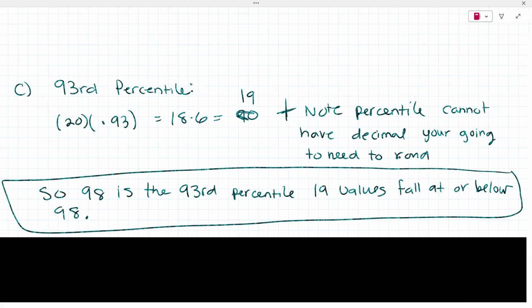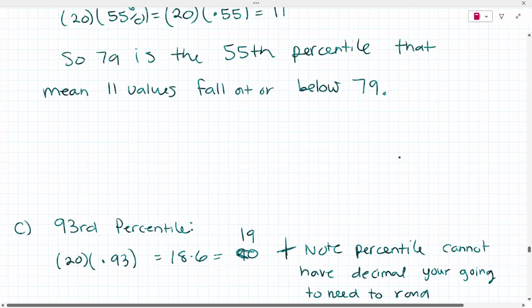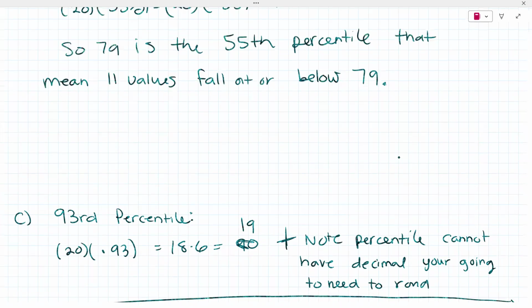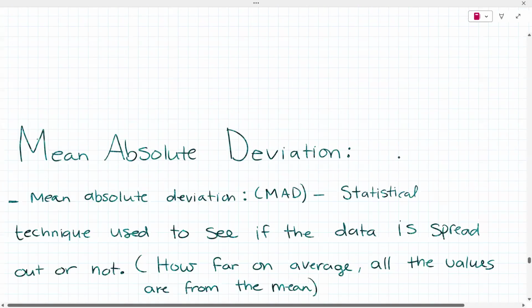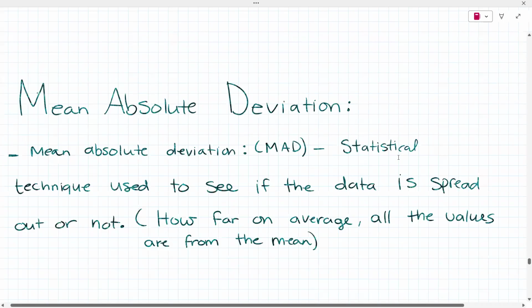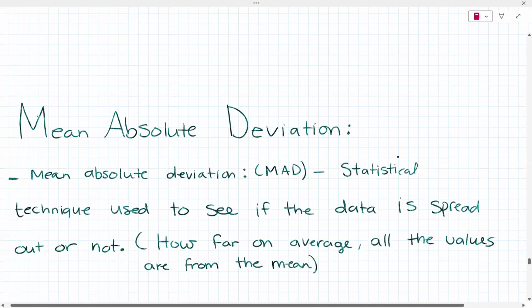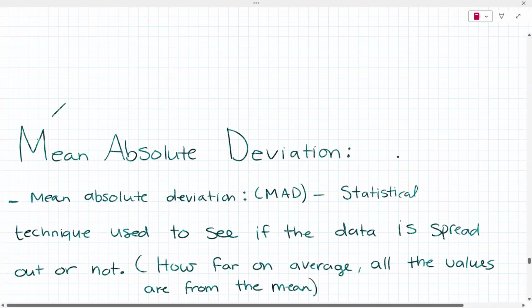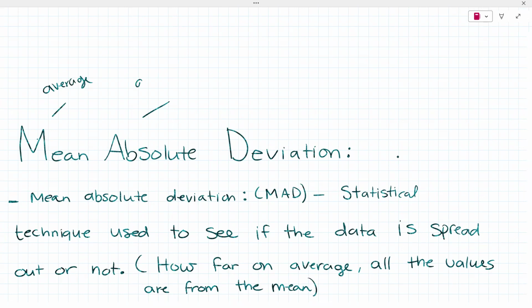Okay, so we did percentiles. Now let's go over mean absolute deviation. So mean absolute deviation, we know that mean means average. We know absolute means absolute value.